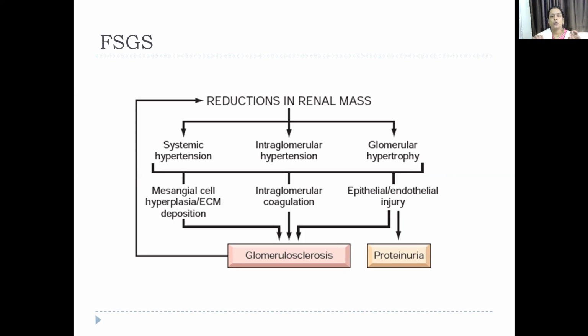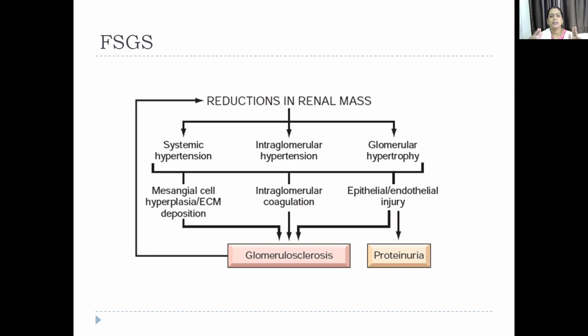So what is focal segmental glomerular sclerosis? I told you, focal meaning a fraction of glomeruli getting involved. Segmental, a part of a glomerulus getting involved. Sclerosis, extracellular collagenous matrix deposition.